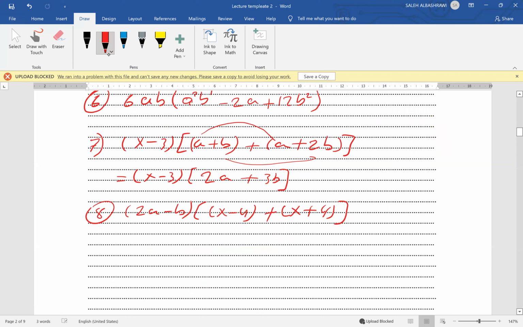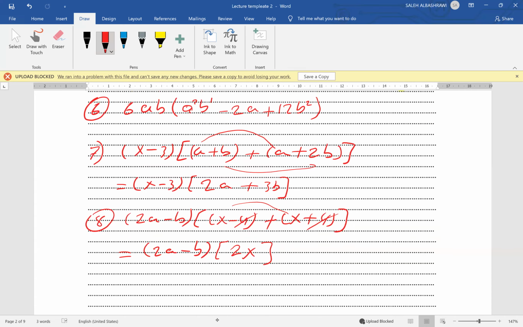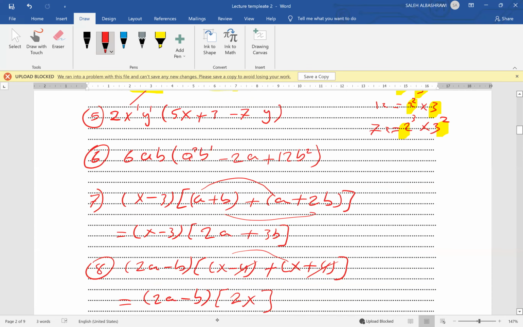And this will be 2a minus b, and x with x will give me 2x. Just combine the similar terms. Minus 4 will cancel plus 4. So it is 2a minus b multiplied by 2x. This is how to factor out the greatest common factor.